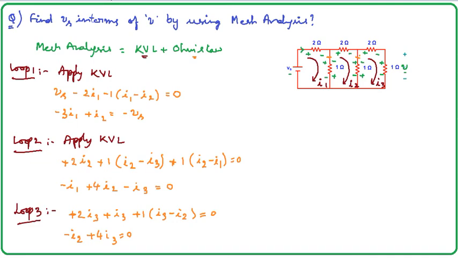So in general, if any bigger thing has been asked, for example, what are the currents flowing in the loops, what are the loop currents, if the question has been asked in this way, then the best and easier method to solve the three equations is simply by using the matrix method.